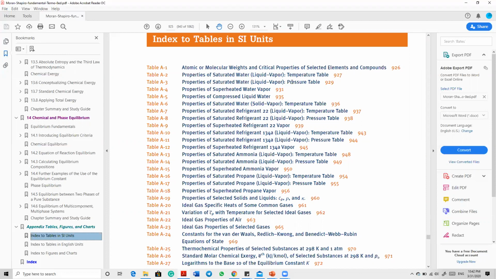In this problem, I'm given temperature and pressure both, so I can use either of these two tables. Let's say, for instance, I use the table A3, page 929. Let me go to page 929.